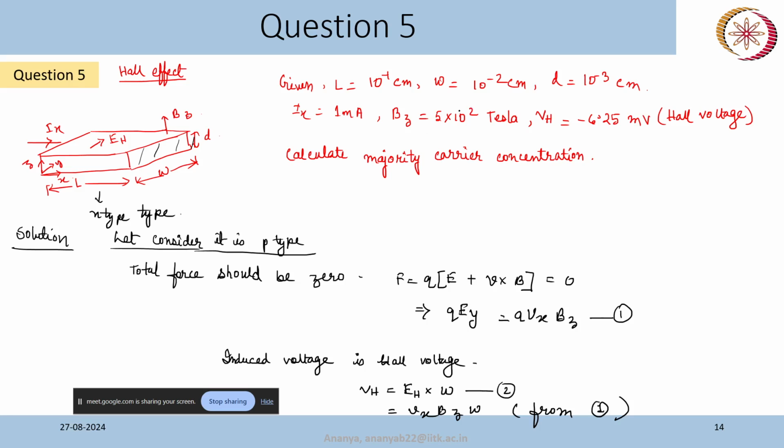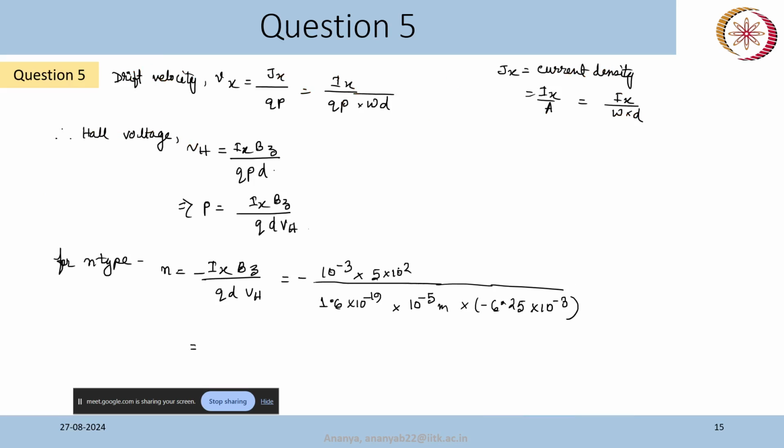So this is 5 into 10 to the power 21 per meter cube. In centimeter cube, because that is the unit normally used, it will be 10 to the power 15 per centimeter cube. Okay. This is how we can calculate carrier concentration.